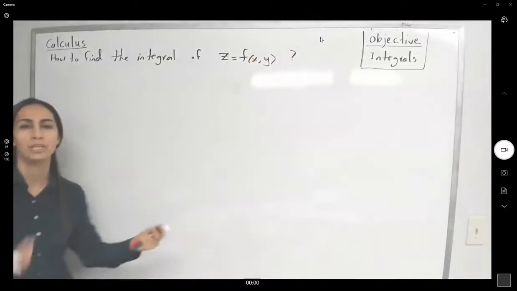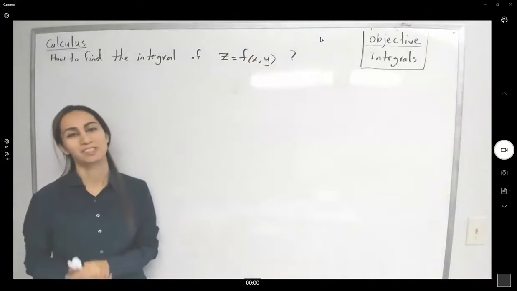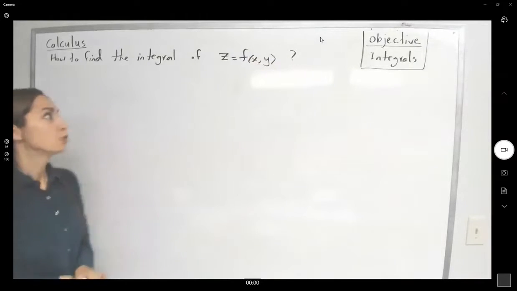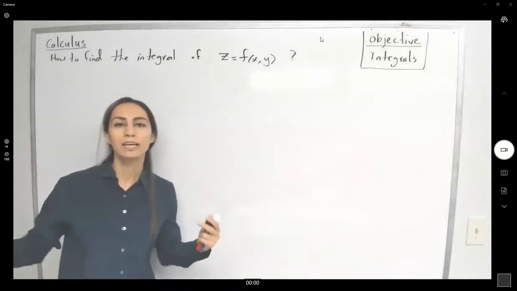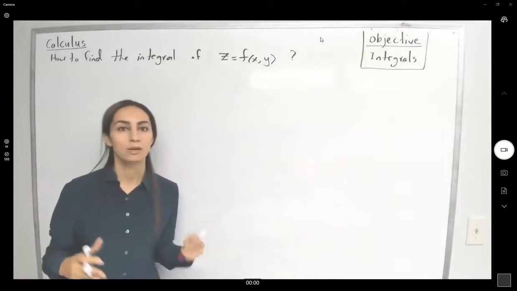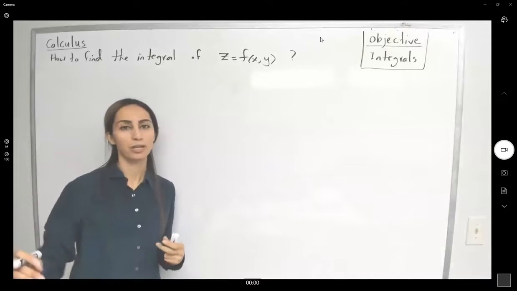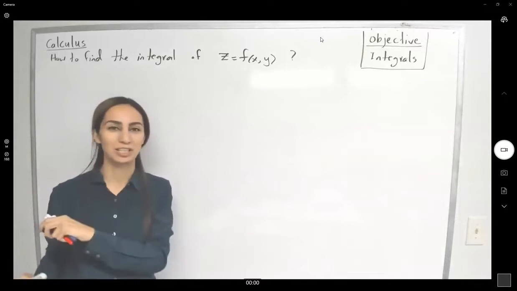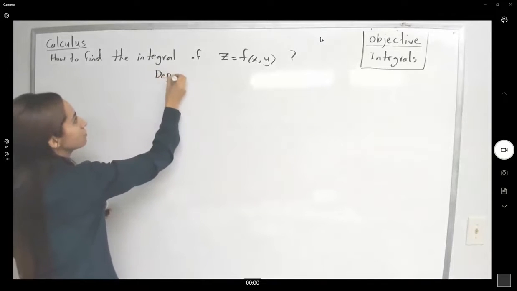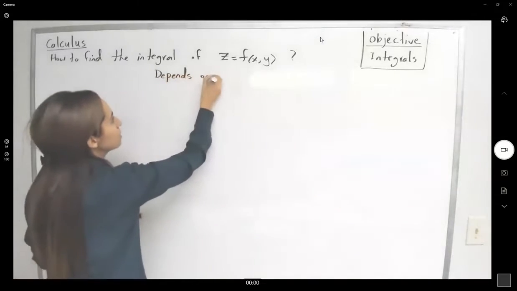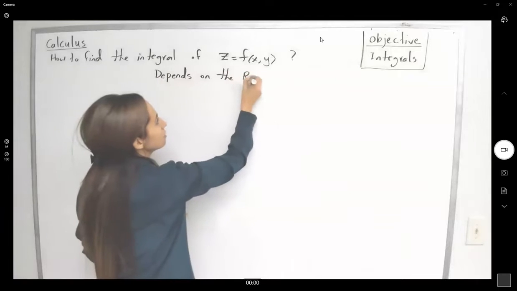This is the question that we're trying to answer. To answer this question, we need to specify the region over which we're trying to take the integral. So you can write down: depends on the region.